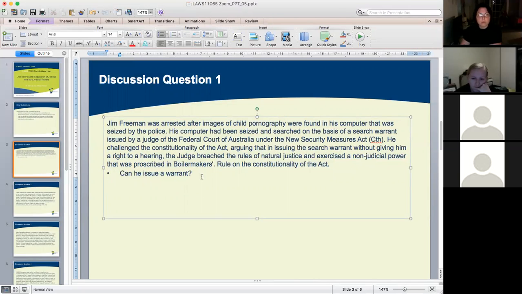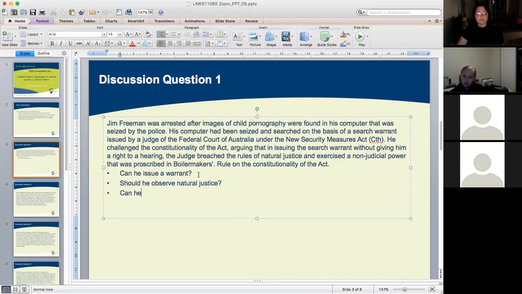And I guess the first question could be answered by Hilton versus Wells, where it was deemed that judges are allowed to issue warrants. If you look at it in that term, he's performing a non-judicial function.